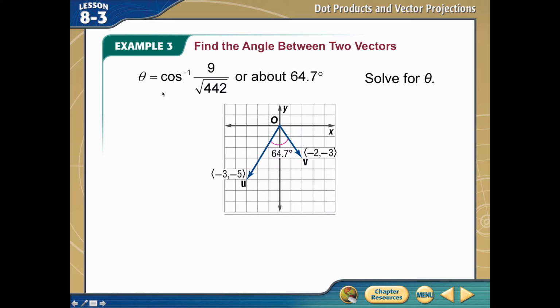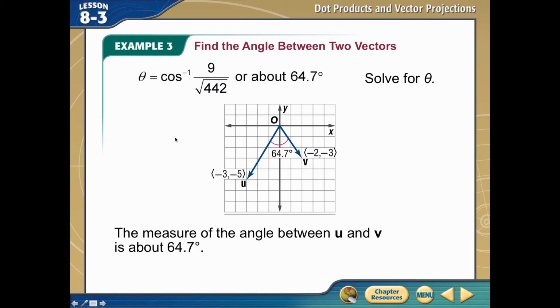It's just easier to wait until your final answer to rationalize the denominator. So as a general rule, you do not need to rationalize in an intermediate step, only when you get to the answer. Okay, so that angle, when you do the inverse cosine, is 64.7 degrees.